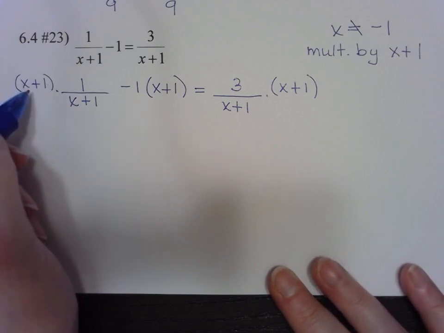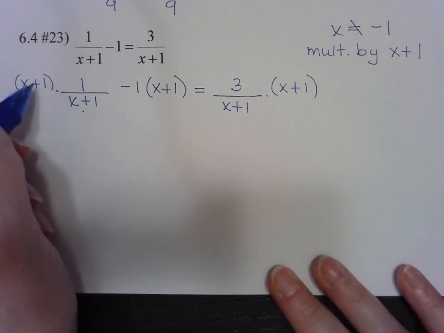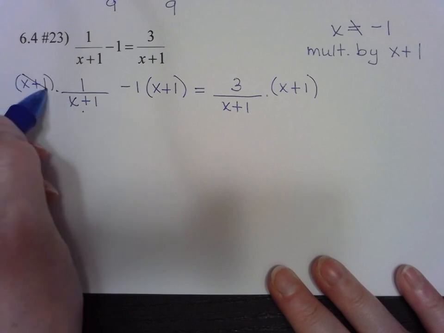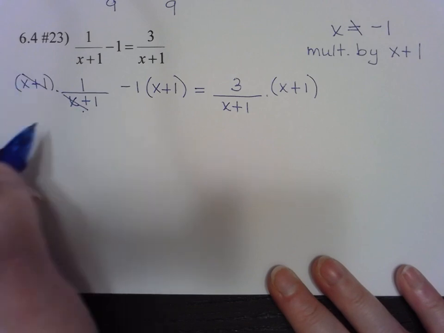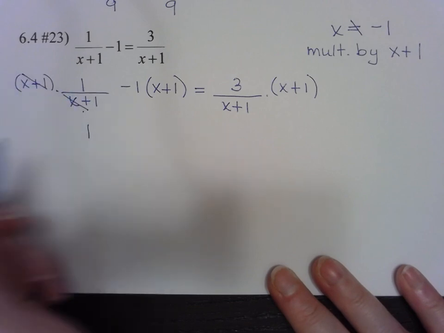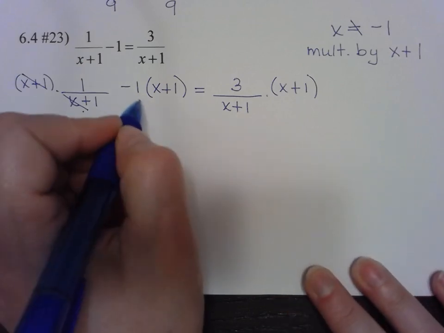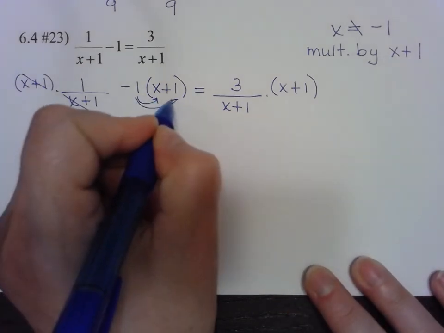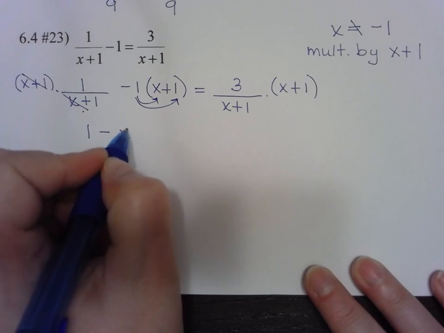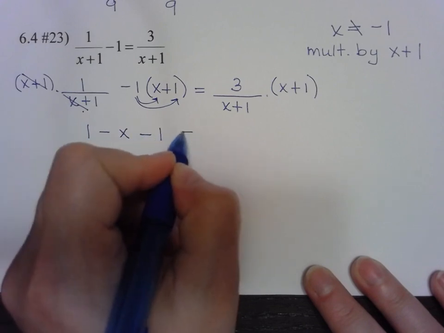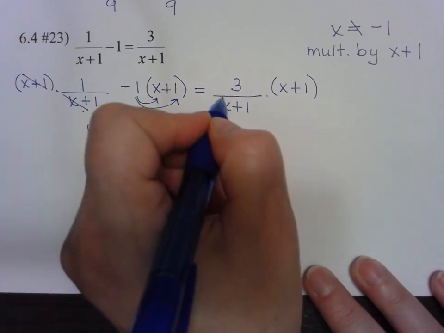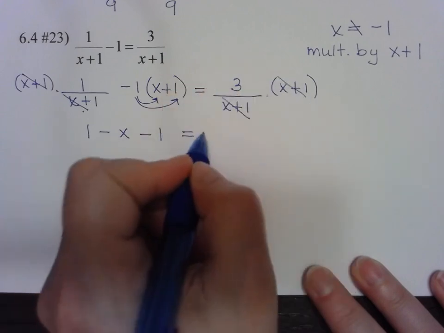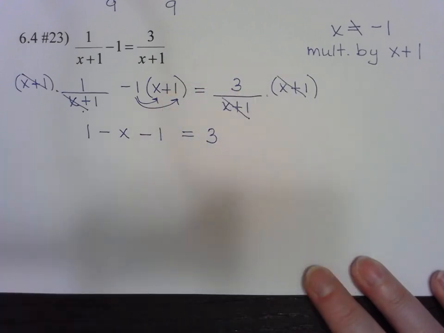All right, remember the whole point of this strategy is to remove the fractions. So x plus 1 divided by x plus 1 is 1, and times 1 is 1. Let's go ahead and distribute this. So that'll be minus x minus 1. Same thing here. These are going to cancel and leave us with 3.